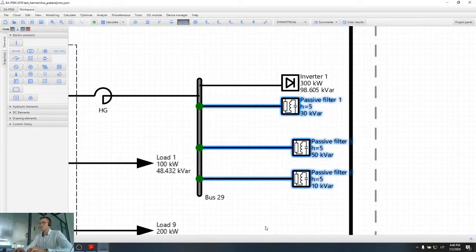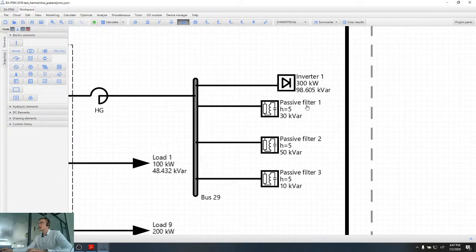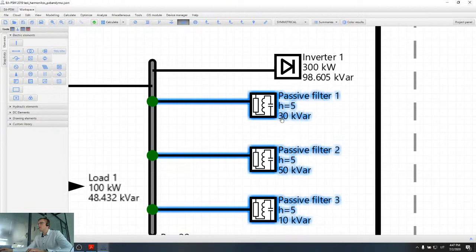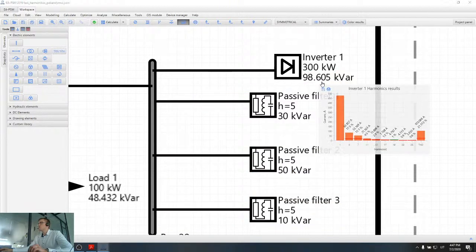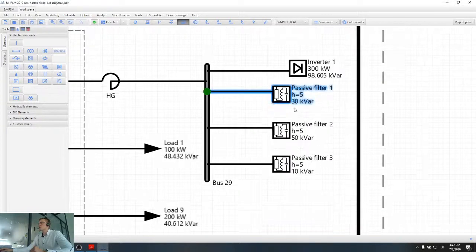Your filter should be constructed of different power steps in order to mitigate reactive power. The total power of this filter is 80-90 kilowatt, which is very close to the required reactive power needed by this inverter. So reactive power should be selected according to the requirements of the loads.